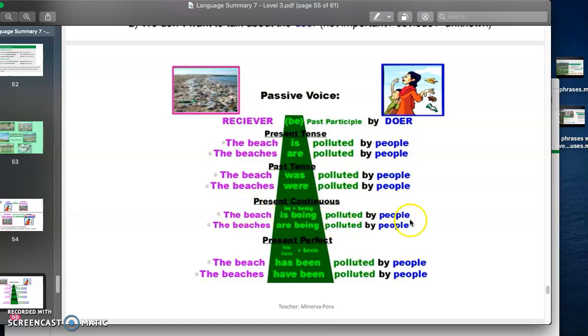The beaches are being polluted by people. Then we have present perfect, where we use has or have plus been, and always we are using the past participle. So the beach has been polluted by people. The beaches have been polluted by people.